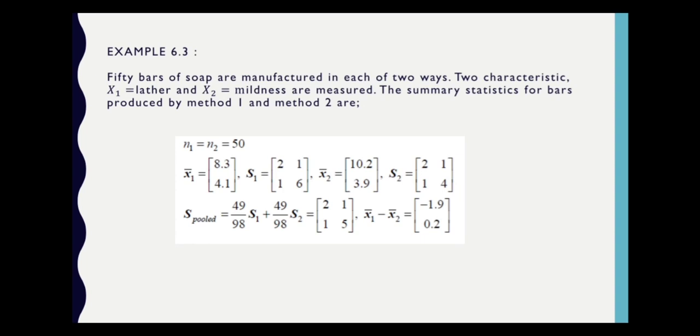Okay, so in order to find the T-square, we need to find the variance covariance. We want to estimate the big sigma of the distribution of x1 bar minus x2 bar, for mu1 minus mu2. So this is the variance covariance matrix.